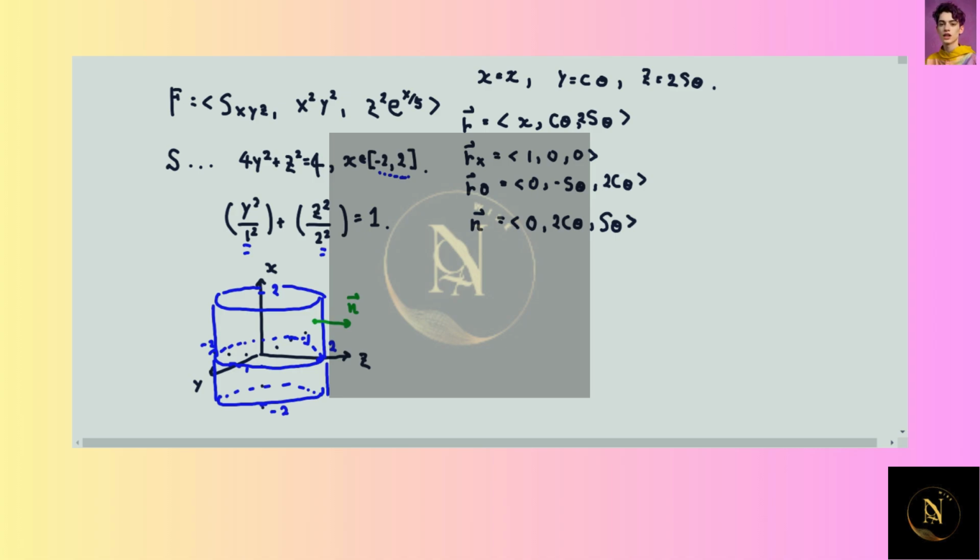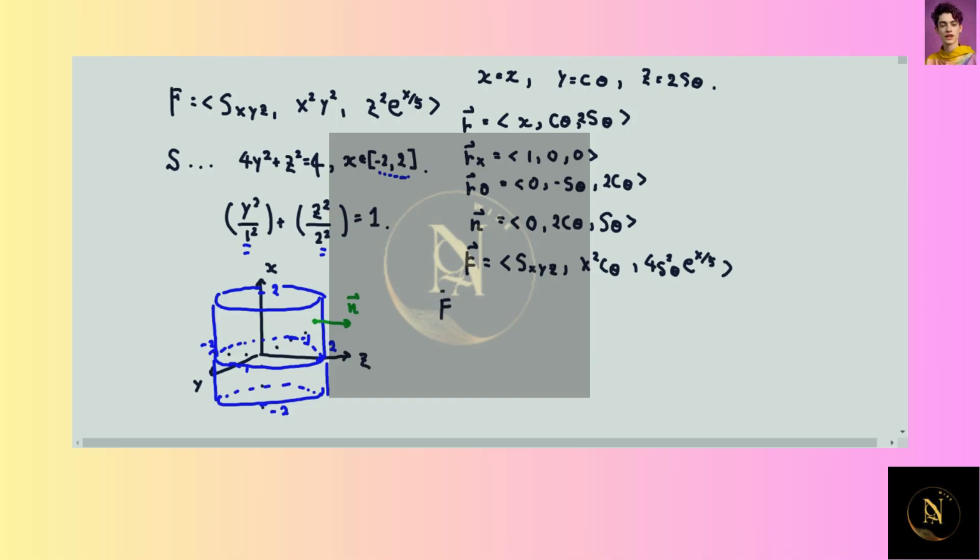Now, f is going to be a very ugly expression, but because I have this to be 0, sine of xyz, I'm just going to leave it as that because I don't really need to write it all out. So sine of xyz, which I don't care much about, x squared y squared will simply be x squared cosine theta, z squared e to the x over 5 will be 4 sine squared theta e to the x over 5.